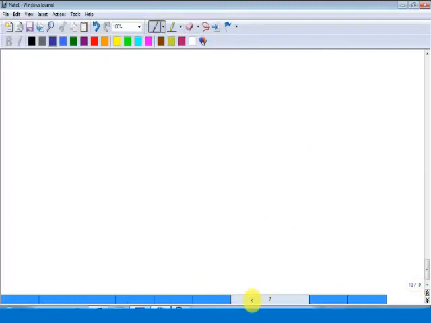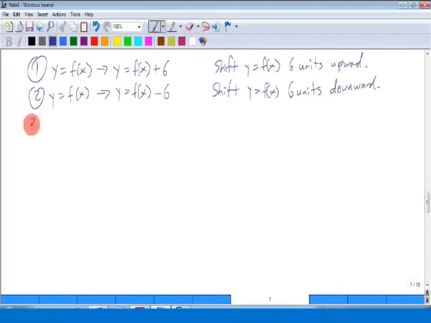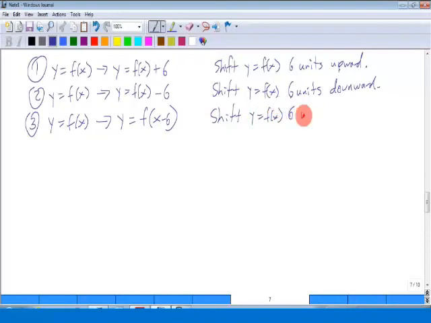So page 7, where's page 7? There it is. So if we have y equals f of x, and we substitute, don't think subtract, think substitute, x minus 6 for x, wherever we see an x, we will shift the graph of y equals f of x 6 units to the right.